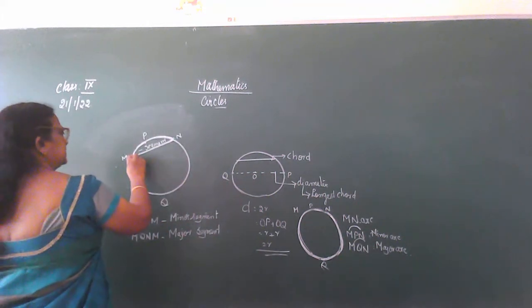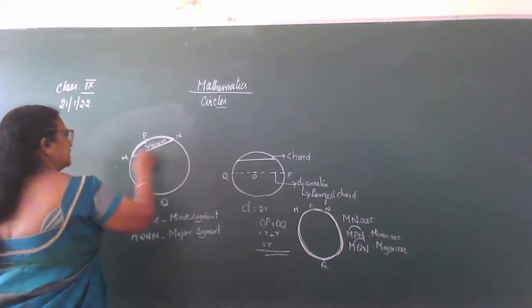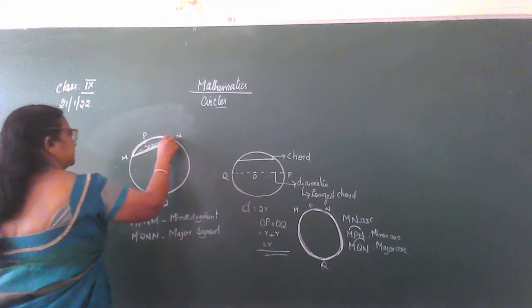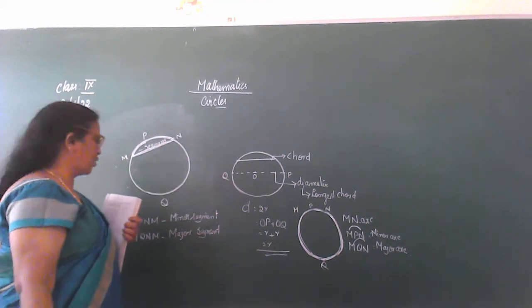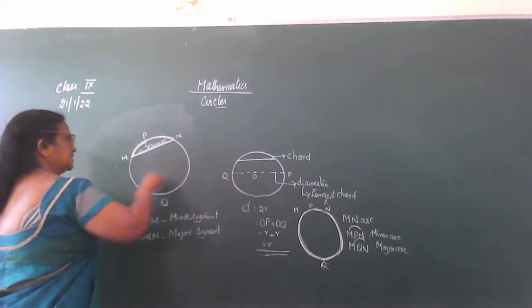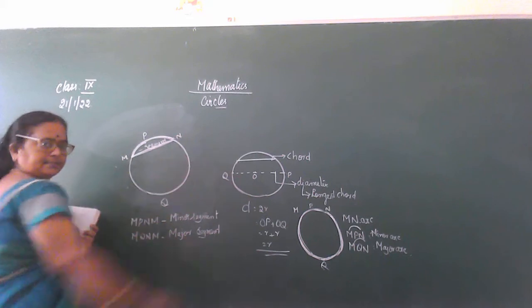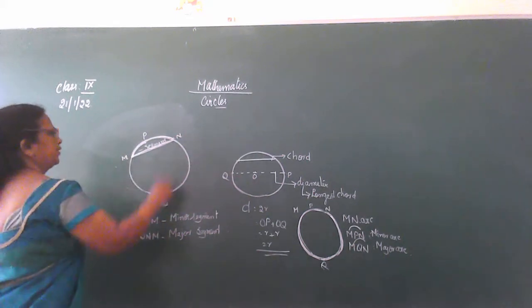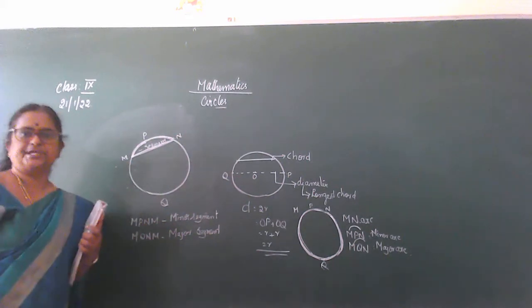So the minor segment is a chord and a minor arc. The major segment is the major arc along with the chord. Okay. So MQNM is a major segment.